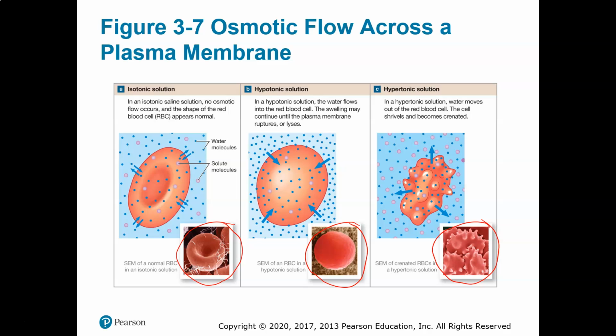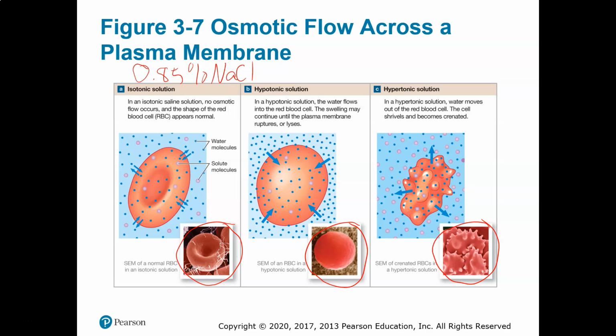In an isotonic solution, which of course would be normal saline, we said that was 0.85% sodium chloride, that is not going to cause the cell to change size. Water will leave and water will enter, but the amount that leaves equals the amount that enters.